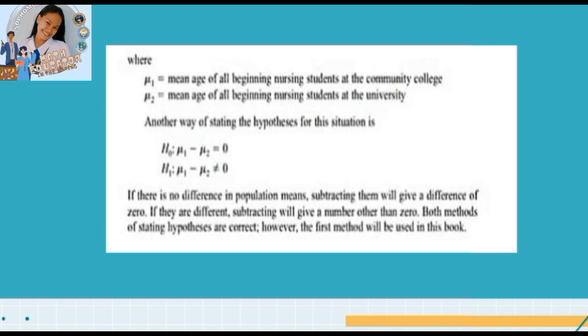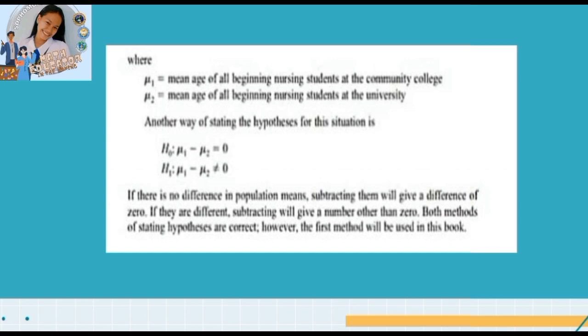Another way of stating the hypotheses for this situation is: our null hypothesis is the first population mean minus the second population mean is equal to 0, and the alternative hypothesis is the first population mean minus the second population mean is not equal to 0.